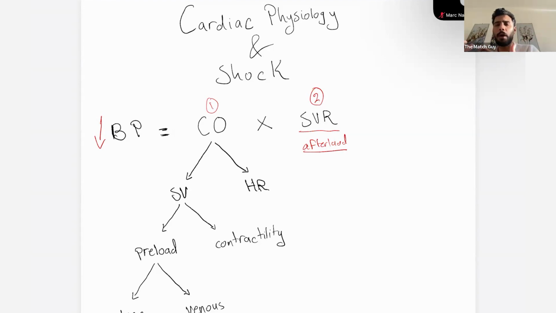Because you can view the heart as a pump, and it's trying to pump this blood around the body, in the vascular system and all of the blood vessels. And in order to do so, the heart has to overcome all of this resistance. And this resistance mainly comes from the arteries and the small arterioles all over the body.